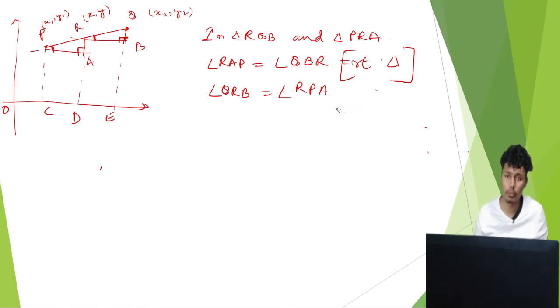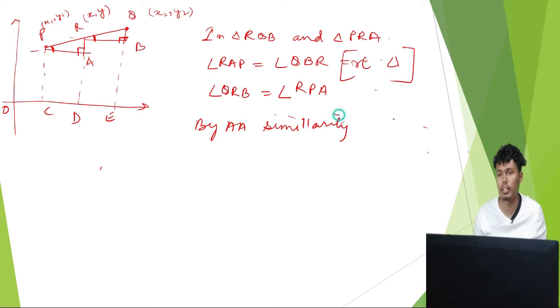So we can conclude by AA similarity criteria that triangle RQB is similar to triangle PRA.